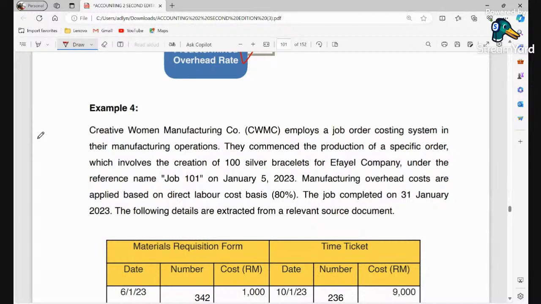They commence the production of a specific order, which involves the creation of 100 silver bracelets for a file company under the reference name Job 101 on January 5th, 2023. Okay, baca soalan betul-betul.